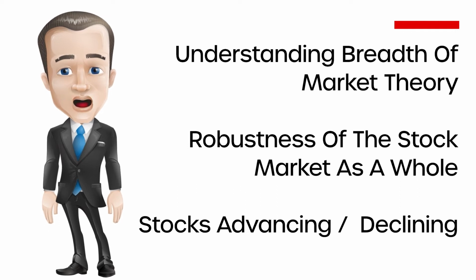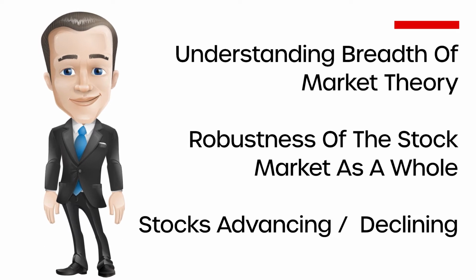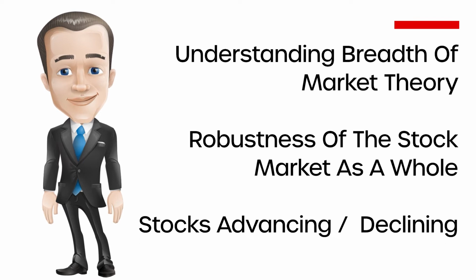If the advance-decline line falls while the major stock indexes rise, this indicates that fewer stocks are participating in the rally and could forewarn of a fall in the index. As fewer and fewer stocks rise, the index performance will eventually begin to suffer as well.